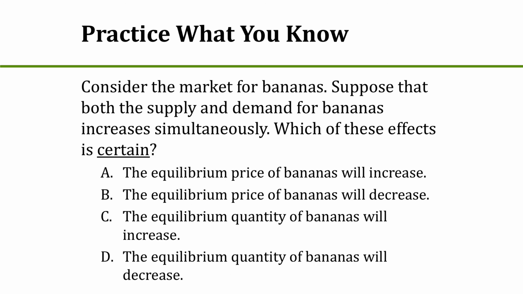The next question is, consider the market for bananas. Suppose that both the supply and demand for bananas increase simultaneously. Which of these effects are certain? So let's draw these changes. The question says that supply and the demand for bananas are increasing simultaneously.